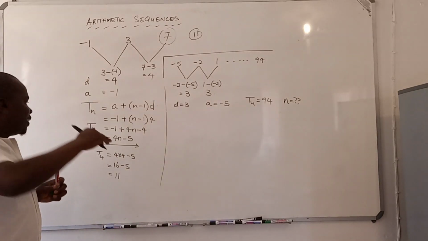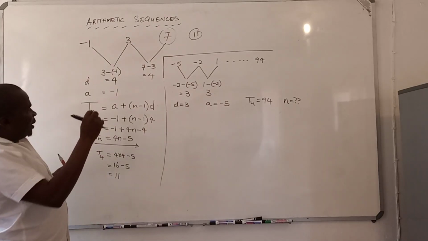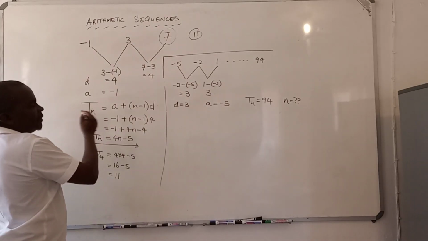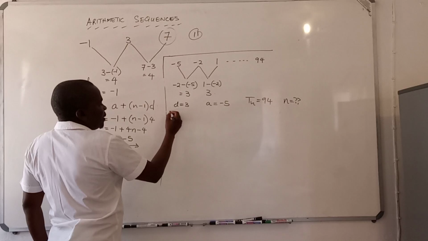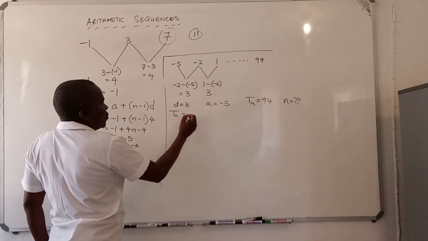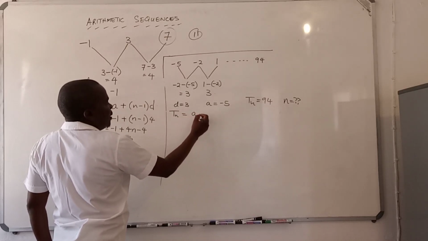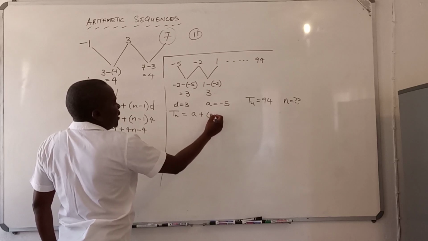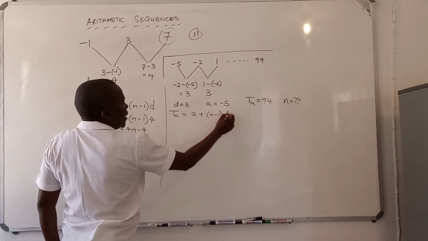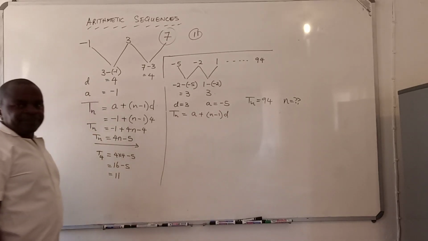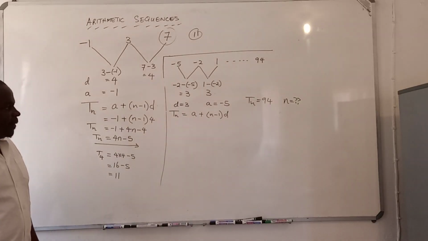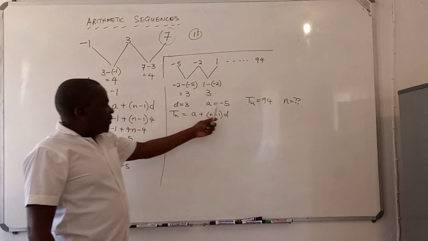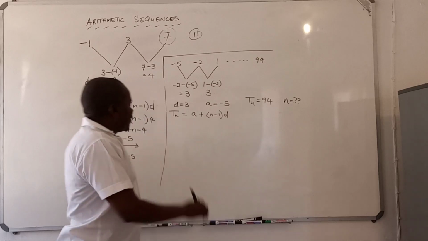This is where you bring in the formula now. Where is the formula? It's this one. Tn is equal to a plus n minus 1 multiplied by d. Okay, now from this information here, we can safely substitute.